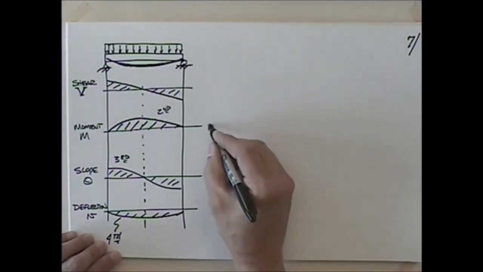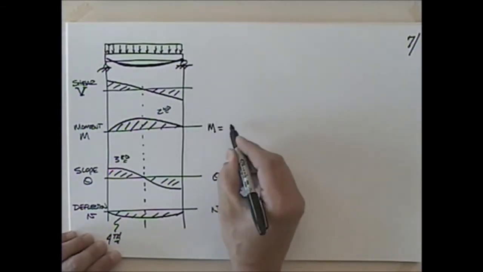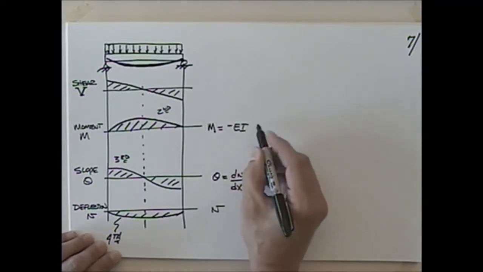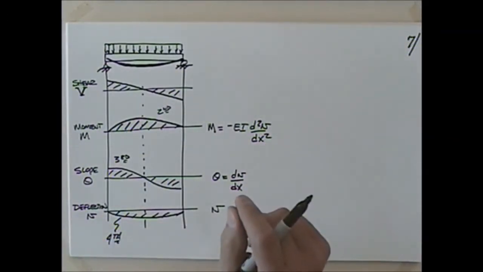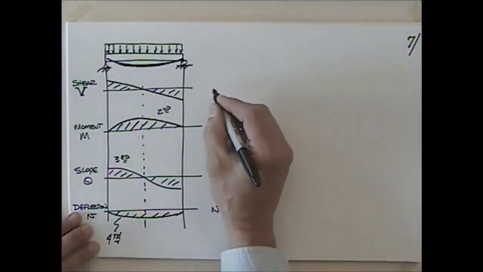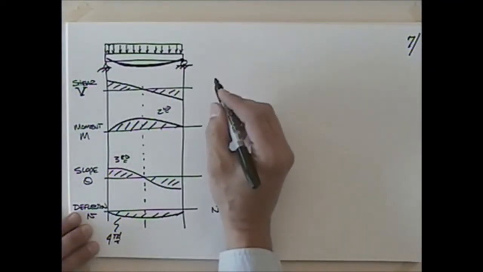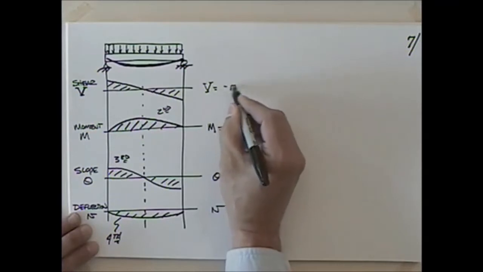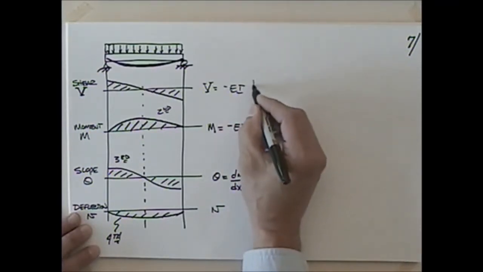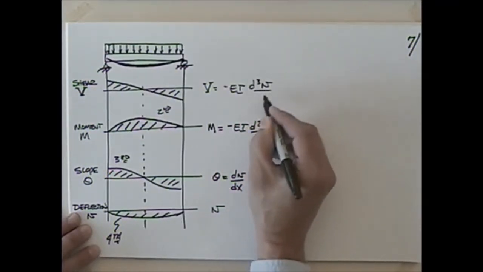And then the moment, we could say was what? Minus EI times the second derivative of v with respect to x, right? And then what? I can go one more, and I guess I can go two more. I could say that the shear, that's capital V, is equal to minus EI times the third derivative of the deflection with respect to x.